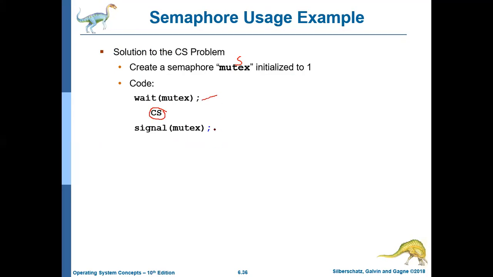After the critical section, you will write signal. If the value of S, or the mutex, is less than or equal to 0, it will be stuck here. It will not go into the critical section. If the value of S is greater than 0, then the while loop will not work and you go into the critical section.